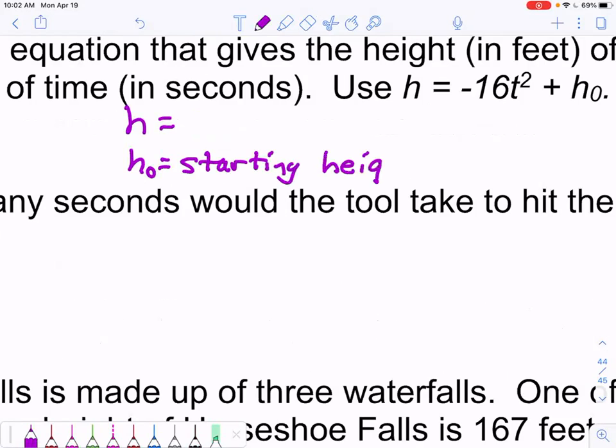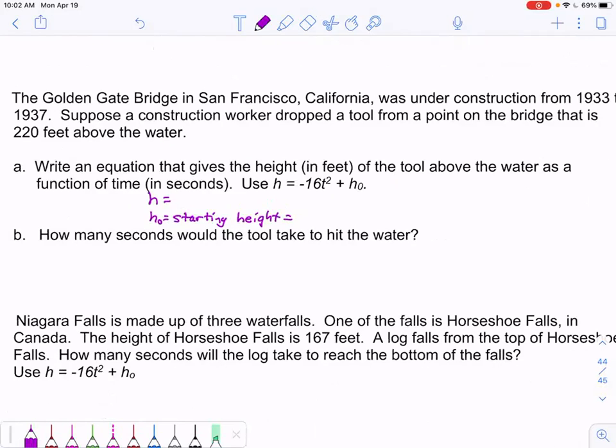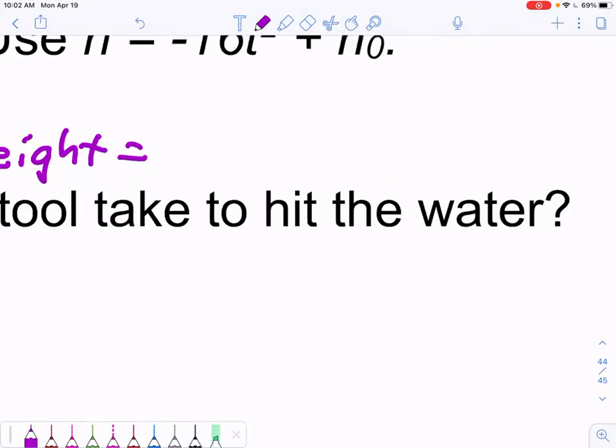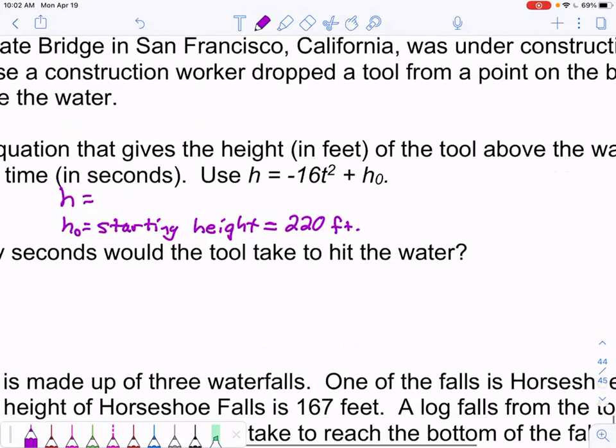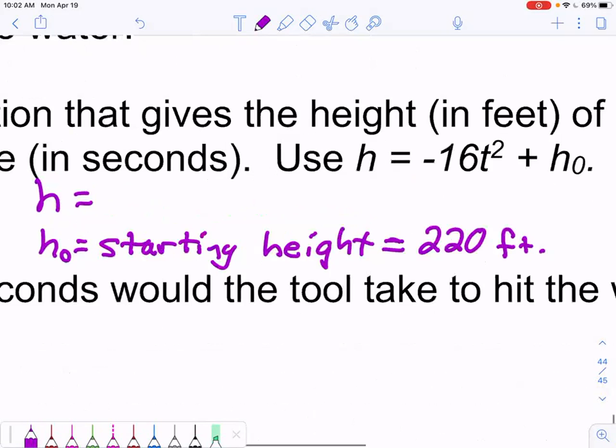And this problem, that's pretty easy because they gave it to us. What is it in this problem here? Jason, what's the starting height? Yeah. The starting height in this problem is going to be 220. So now we want to look for h. If h sub 0 is our starting point, then Michael, what would h be? It's not where it starts, it's where it ends. Yeah, so ending point or finishing point.